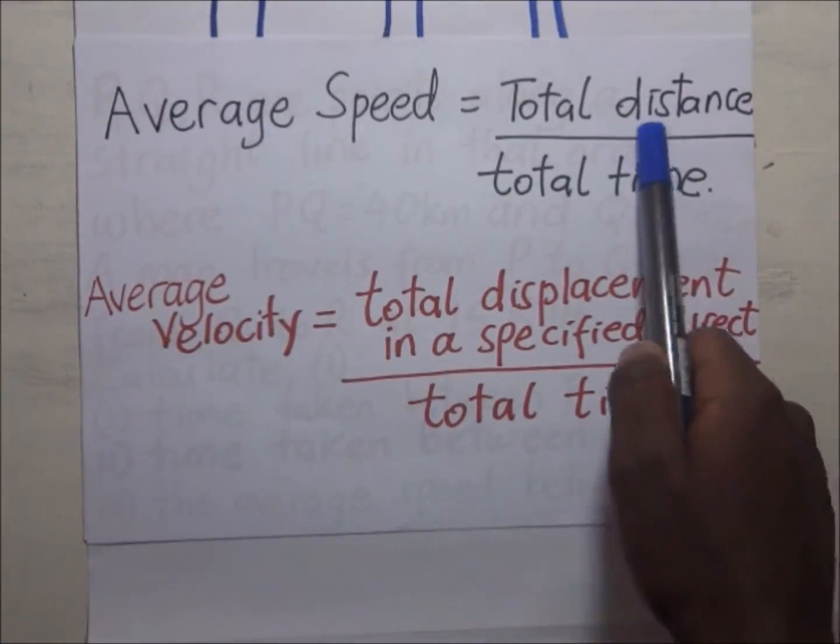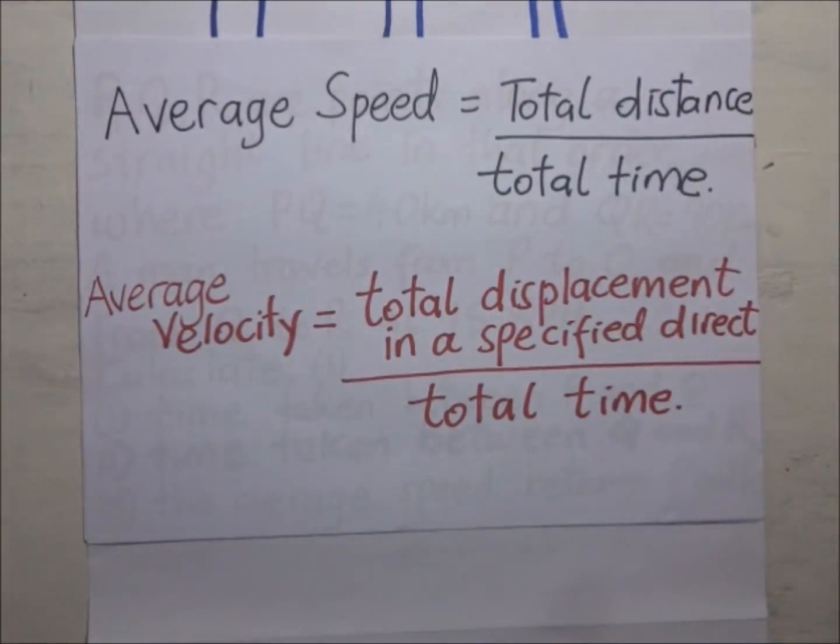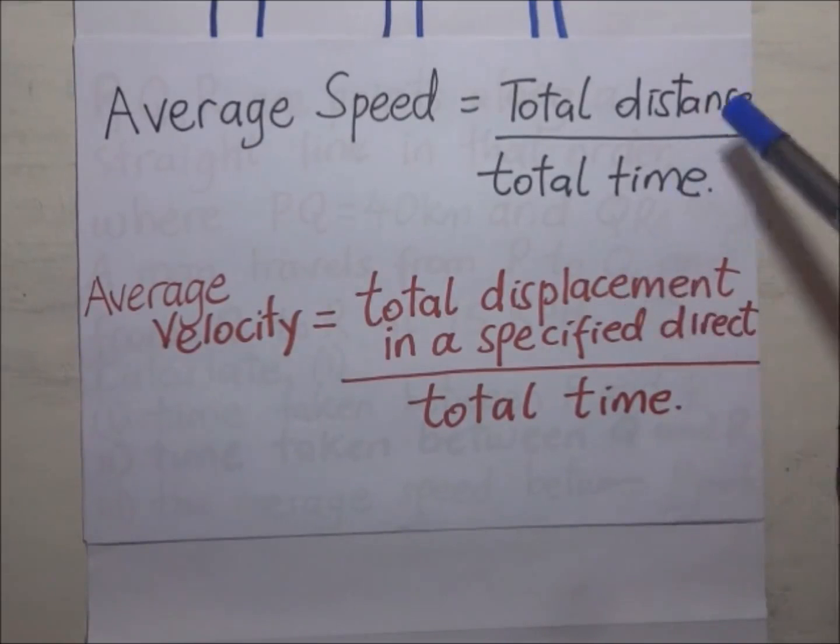We talk about distance as things like 10 kilometers, 20 kilometers, 30 kilometers, but their direction is not defined. This distance becomes displacement when we define the direction.